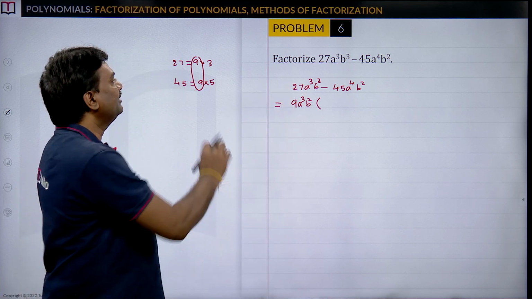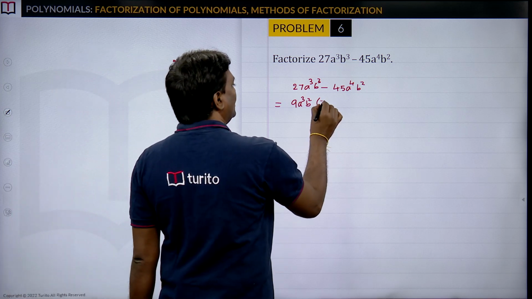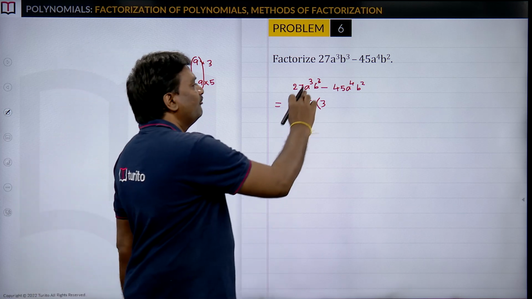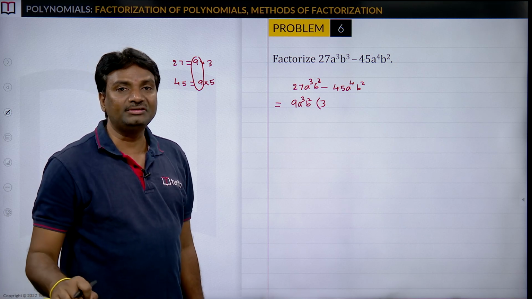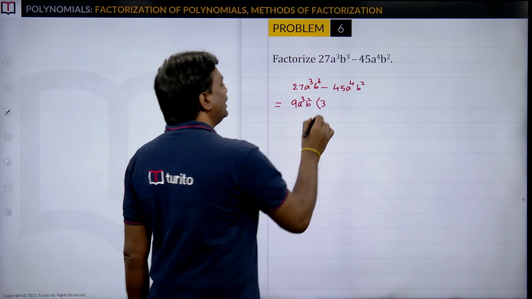From 27 we have taken 9 as common, the remaining part is 3. Since we have taken a cube as common, 3 into 1. From b cube we have taken b square, what is b cube? b square into b. Since we have taken b square as common, the remaining part is b.